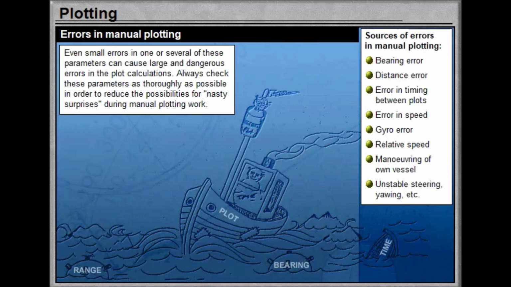Always check these parameters as thoroughly as possible in order to reduce the possibilities for nasty surprises during manual plotting work.